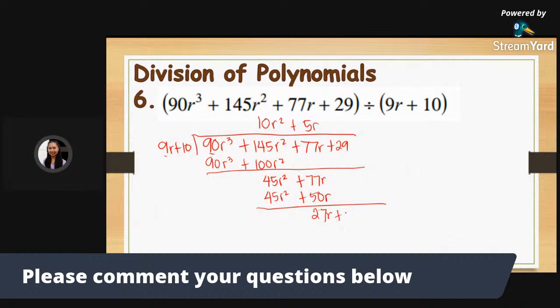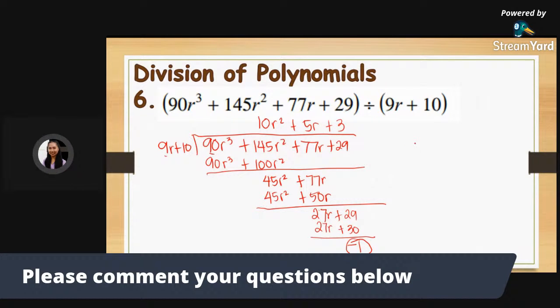And bring down your 29. So 27 divided by 9, we get 3. 3 times 9 is 27r, and 3 times 10 is 30. So if we subtract them, the answer is negative 1. For sure, our remainder will be negative 1.